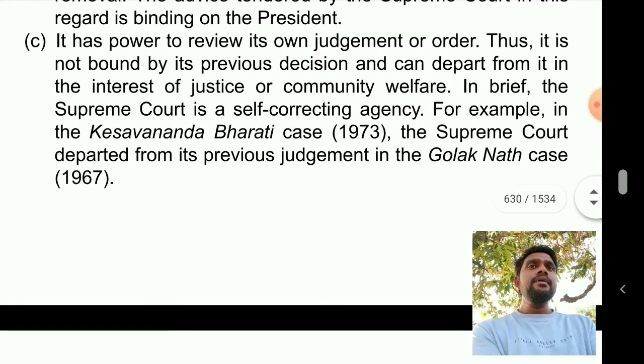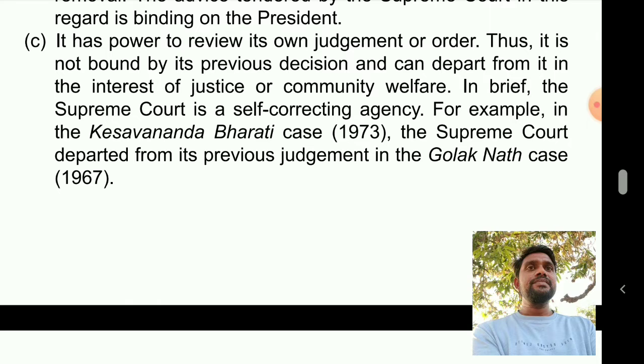C. It has power to review its own judgment or order. Thus, it is not bound by its previous decision and can depart from it in the interest of justice or community welfare. In brief, the Supreme Court is a self-correcting agency.